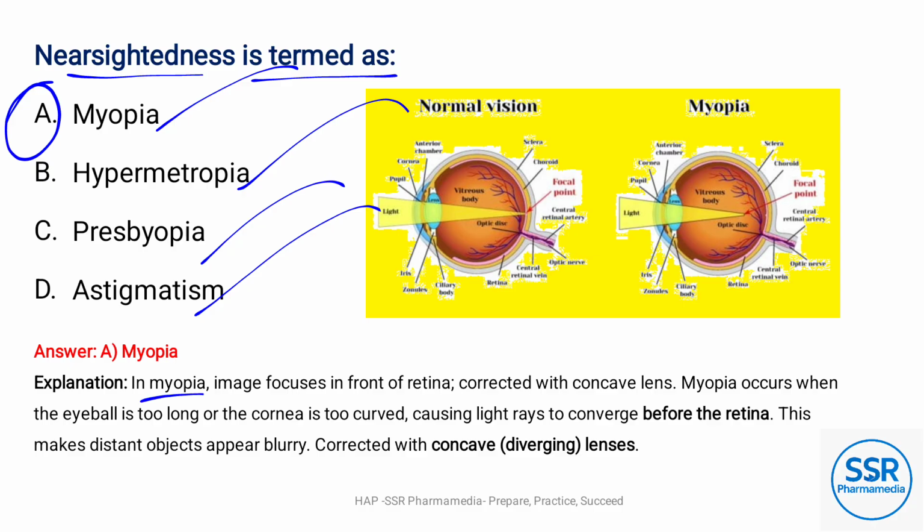In myopia, the image focuses in front of the retina, so it is corrected with a concave lens. Myopia occurs when the eyeball is too long or the cornea is too curved, causing light rays to converge before the retina. This makes distant objects appear blurry, so it is corrected with concave lenses.